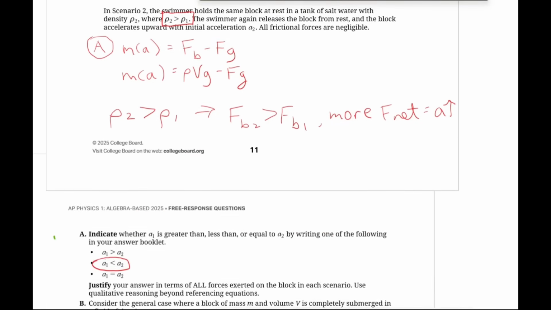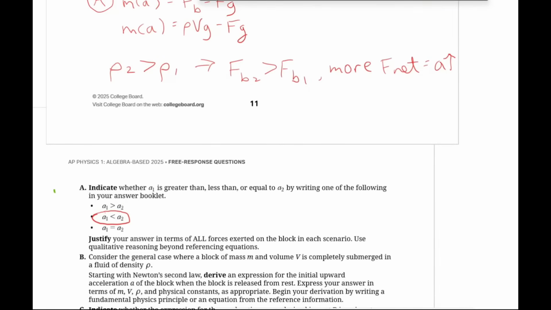All right, so part A says to indicate whether a1 is greater than, less than, or equal to a2 by writing one of the following in your answer booklet. So I have a2 is greater than a1. Justify your answers in terms of all forces exerted on the block, and it says use qualitative reasoning beyond referencing equations.